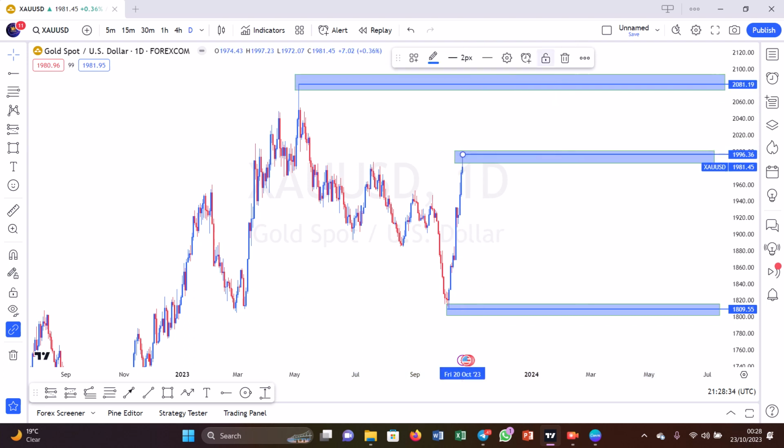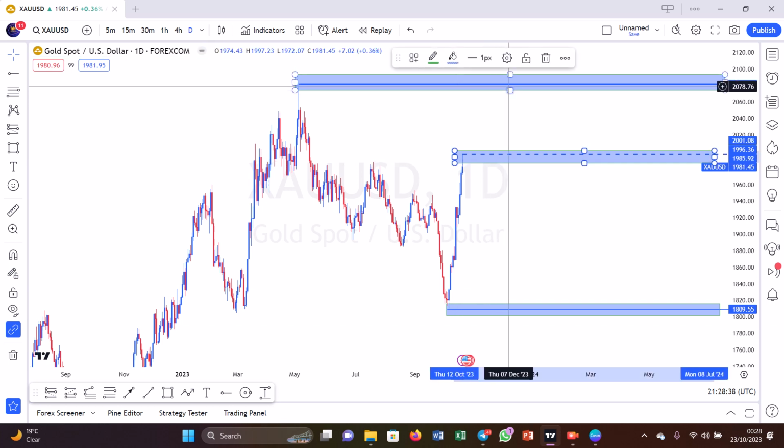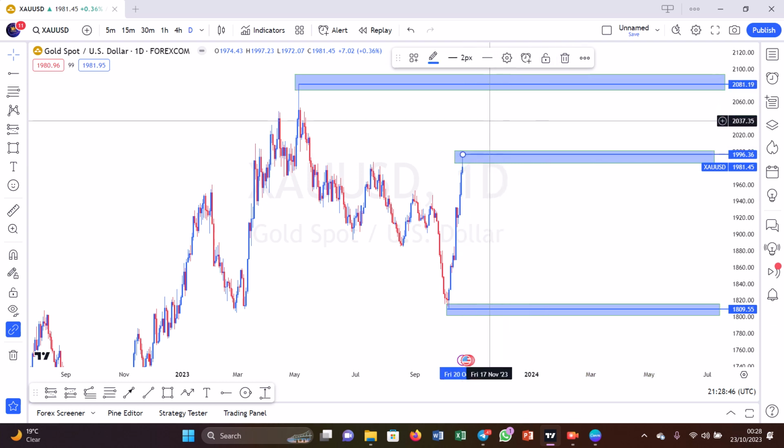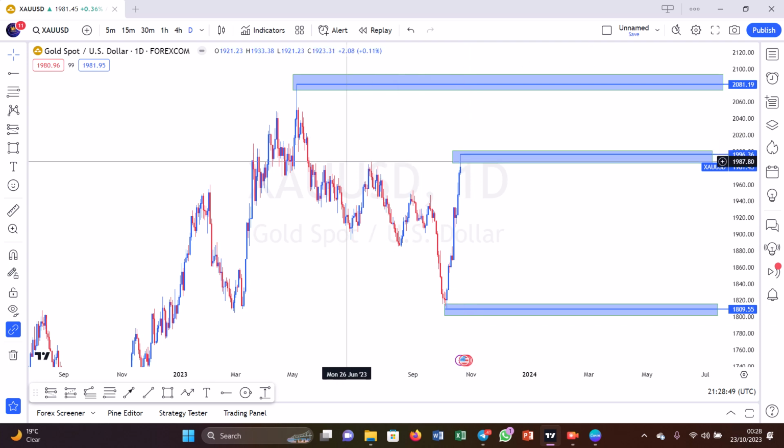So I personally, this line I will make it dotted, and I'm not going to mark it as a zone. Okay, I can leave it as a zone, since this is gold. So we're having these resistance levels there.